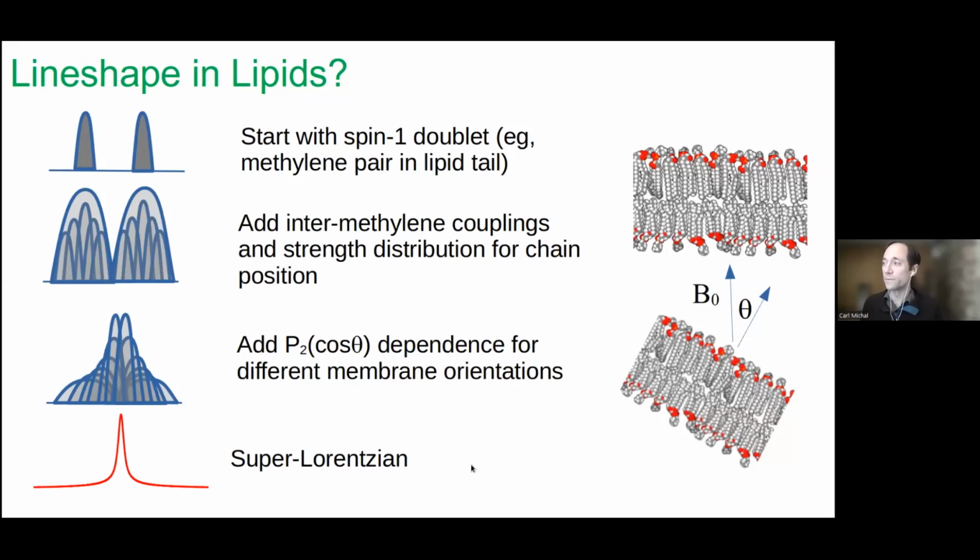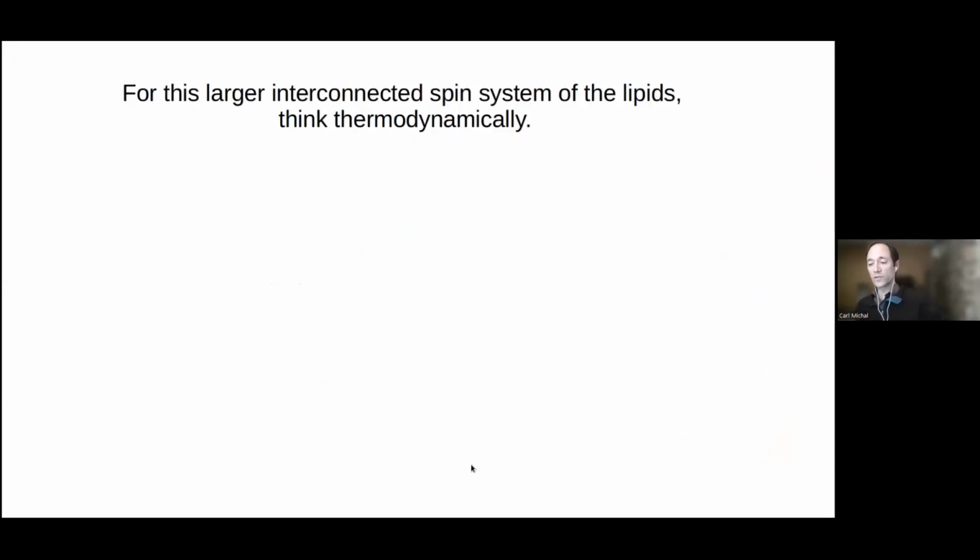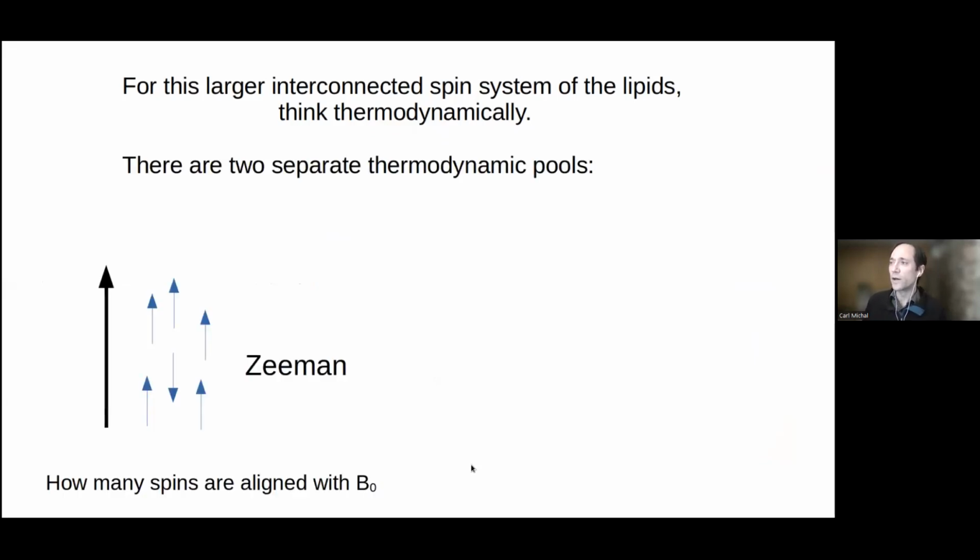So the spectrum that comes out of lipids in actual tissue is a lot more complicated than just the spin 1 model would suggest. And so instead of thinking about this from the point of view of the quantum mechanics of just the single pair of proton spins, we want to think about this from a thermodynamic point of view. And it turns out this kind of a system you can think about as consisting of two relatively separate thermodynamic pools.